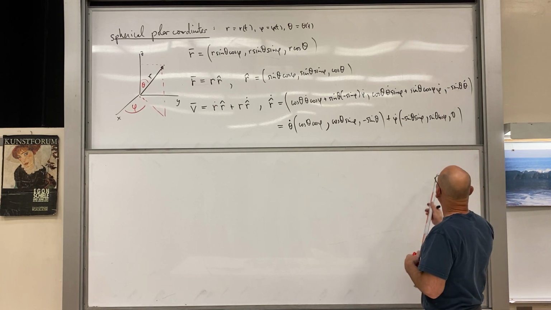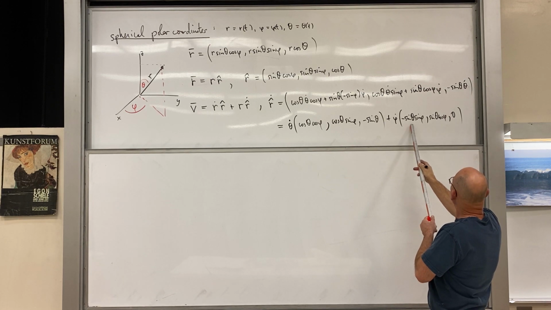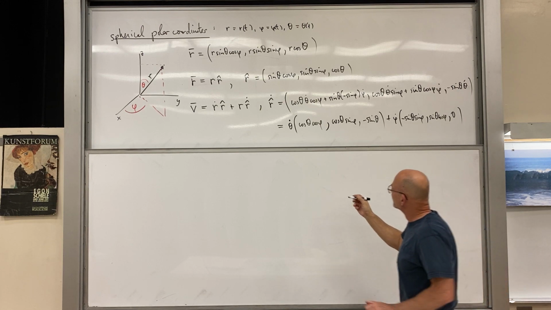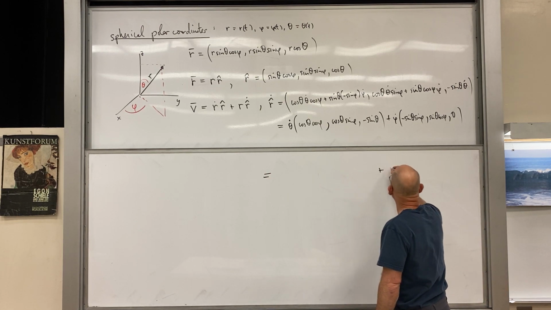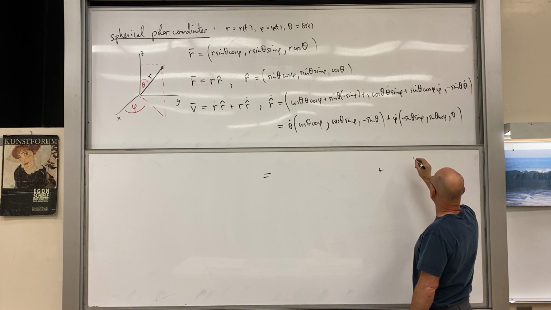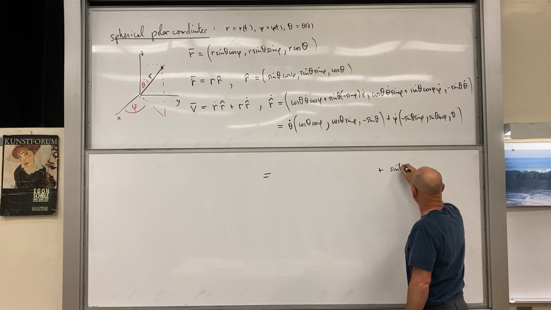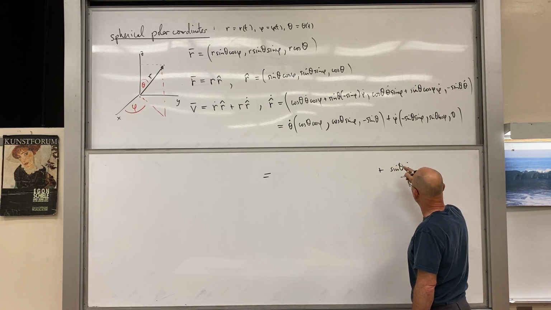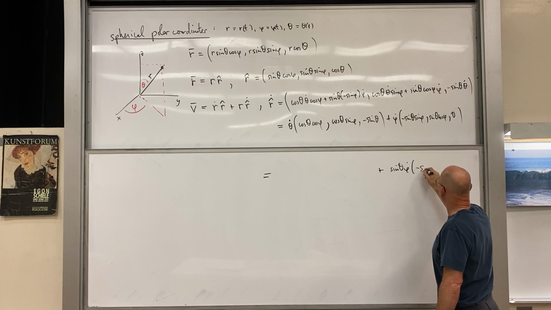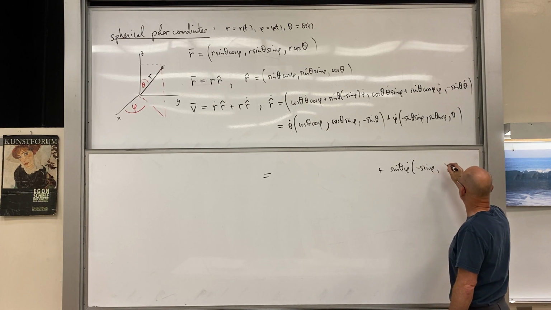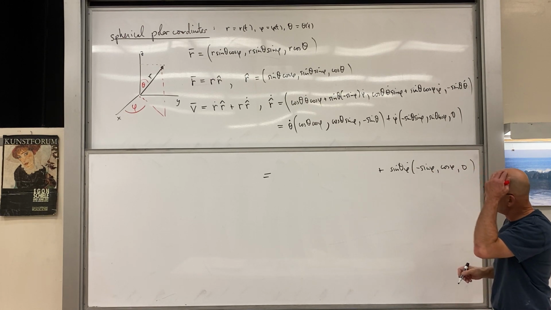Okay, now we also have sine theta common right here. So let's go ahead and work on the second one of these. So we actually could say we have sine theta phi dot times minus sine phi, cos phi, and 0.